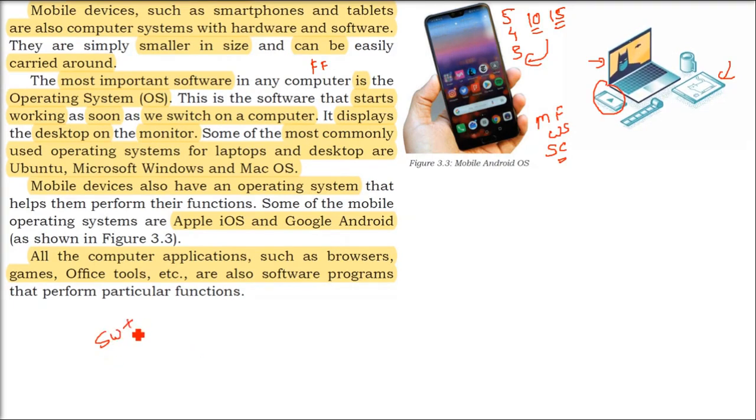All have different form factors. So software plus hardware. The hardware has electronic devices. Software instructs the hardware devices to do certain things. For example, the processor. The processor is the main processing unit inside this.